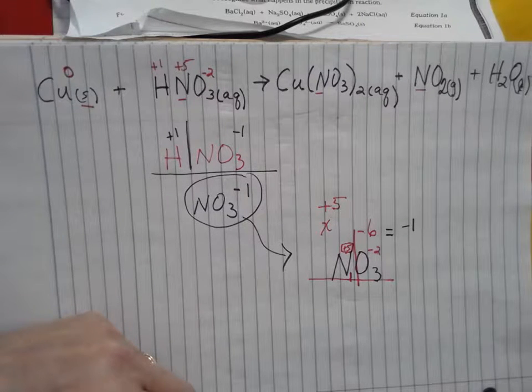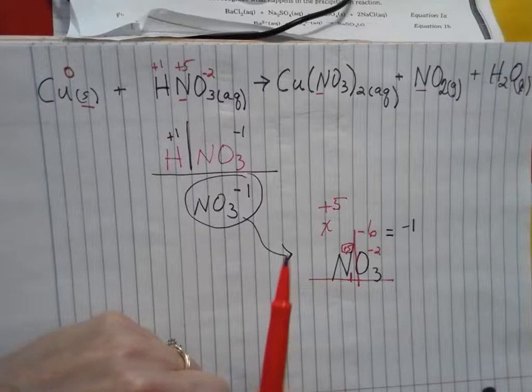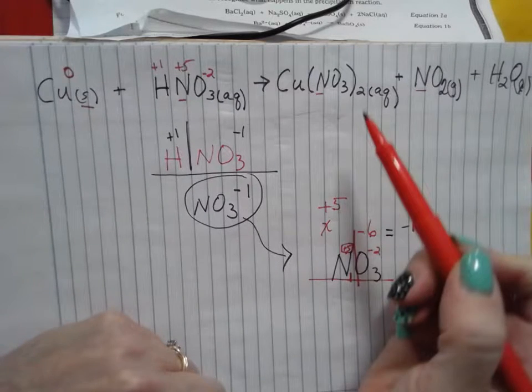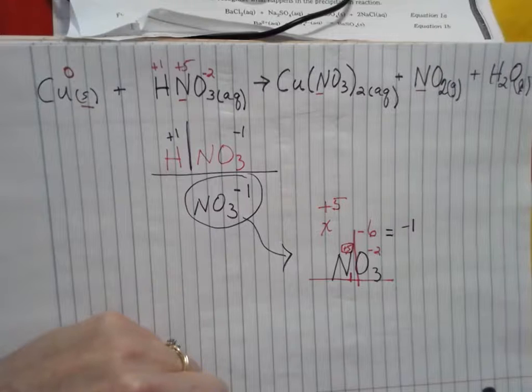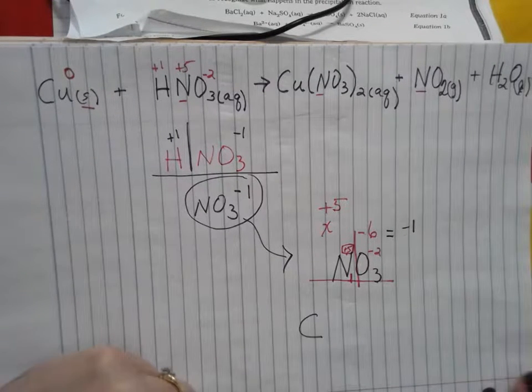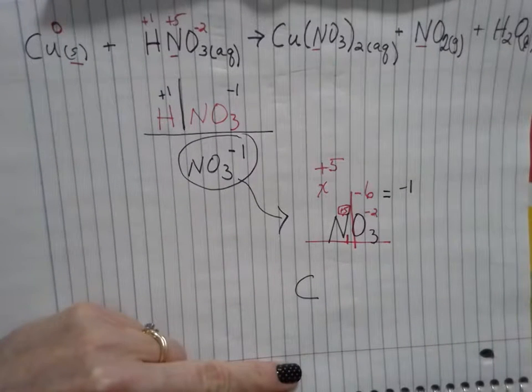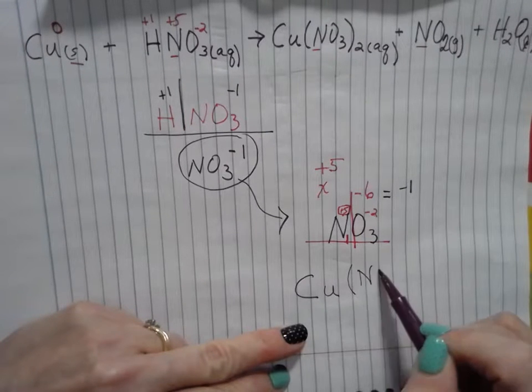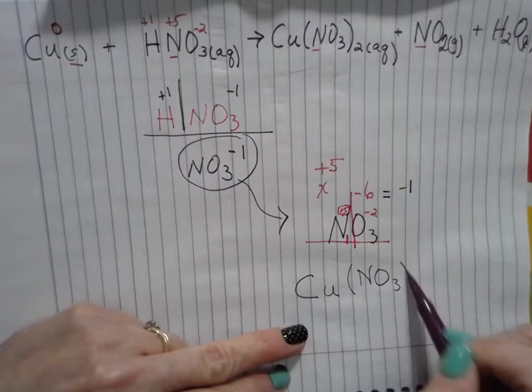Now, this copper right here, in case you're not seeing why it's a +2, I'm going to pull it out and I'm going to work that one out for you too. Because in order to name this, you have to know what oxidation number. So we've got Cu(NO3)2.